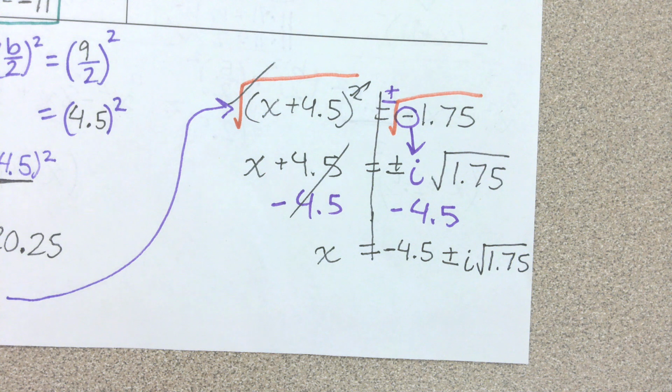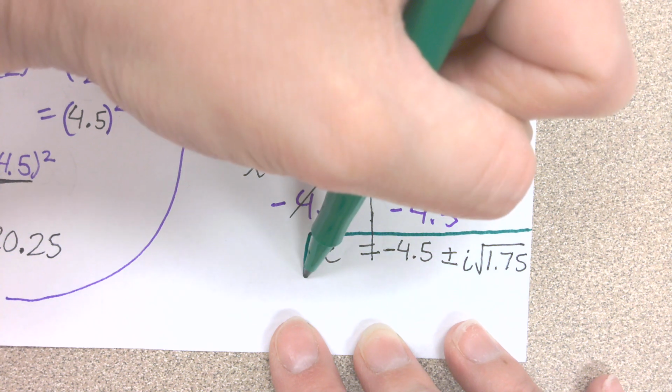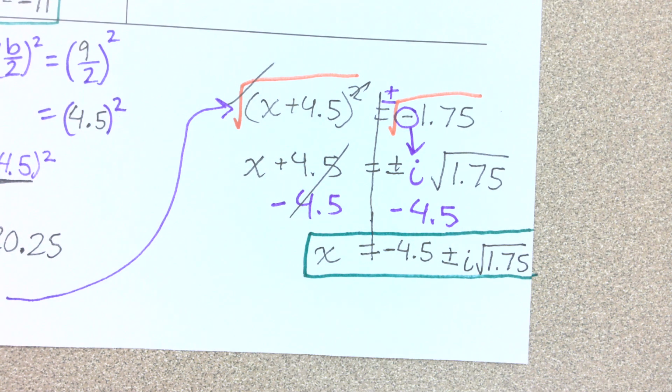This is the furthest thing from a nice answer, so we're not even going to bother splitting it up. Let's just leave it like this. Box it up and go on with our day. Any further questions on number 9 here?